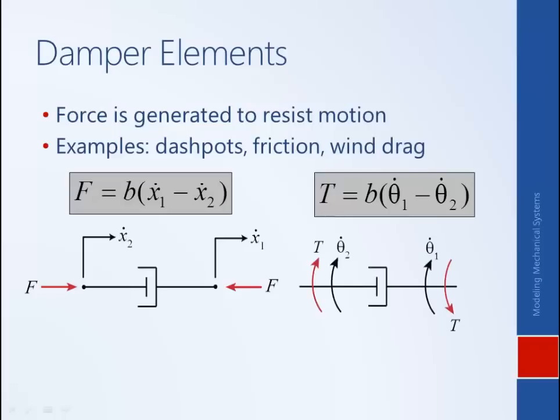Analogously, we have a rotational version of the dashpot where the torque is generated such that it's proportional to the relative angular velocities of the two ends. Again, thinking about how energy relates to a damper element, a damper dissipates energy, so it doesn't store energy, which is different than the inertia elements and the spring elements.